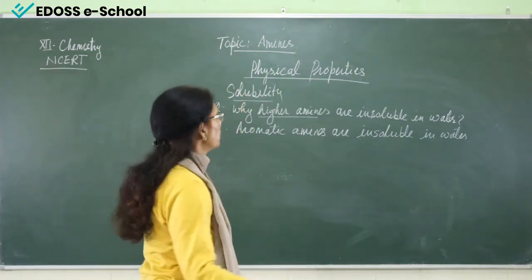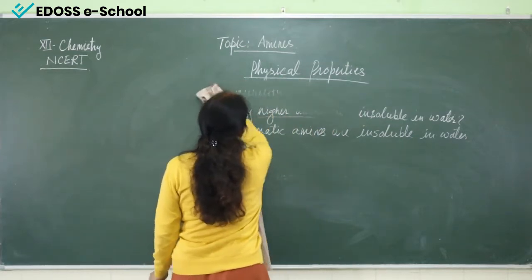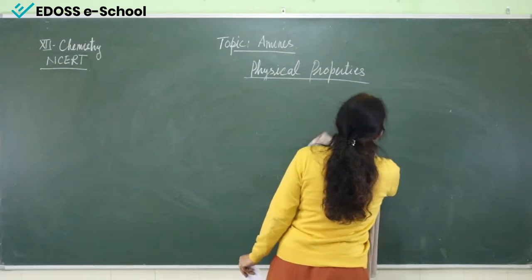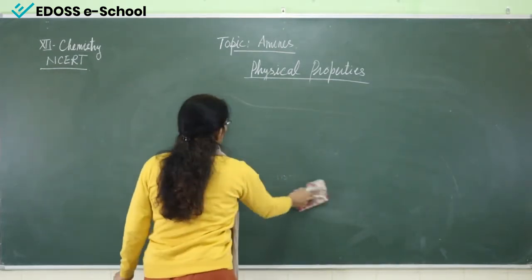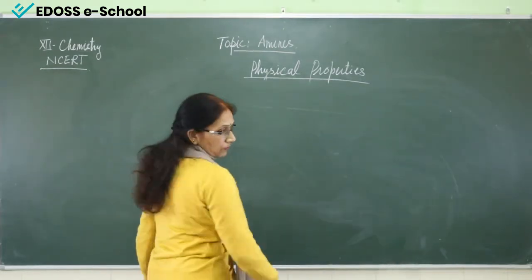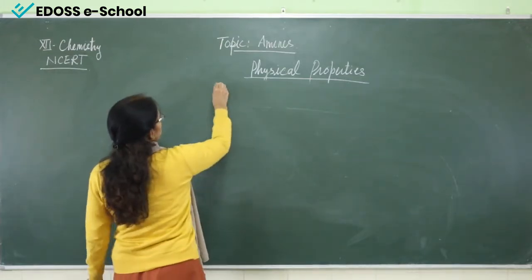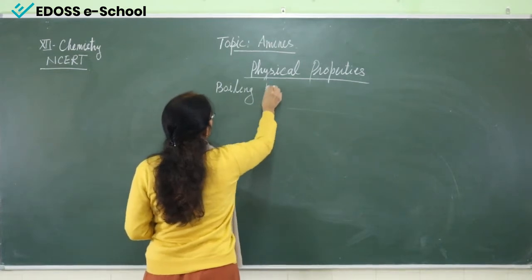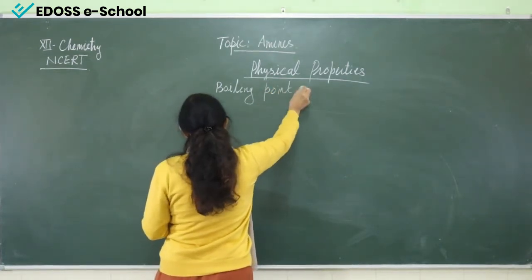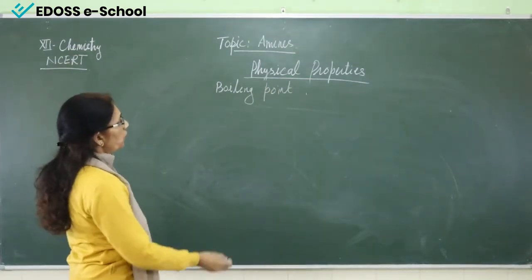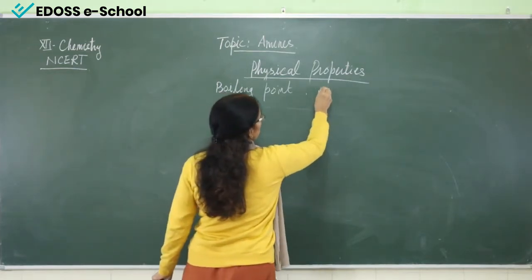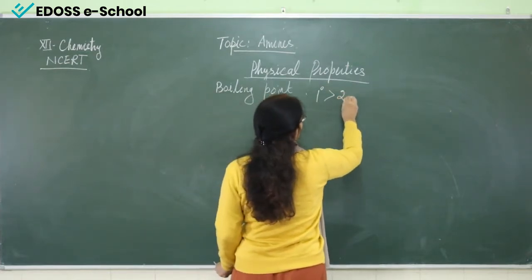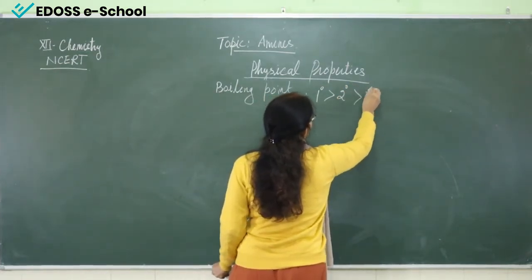Now coming to the next property, that is boiling point. Another physical property is boiling point. Now remember, for boiling point, primary amines have the highest boiling point, then secondary, then tertiary amines.